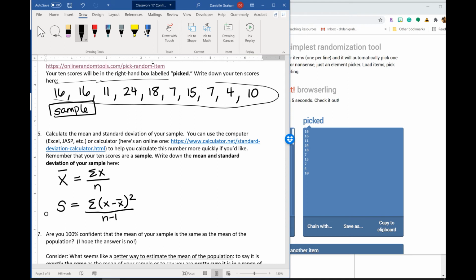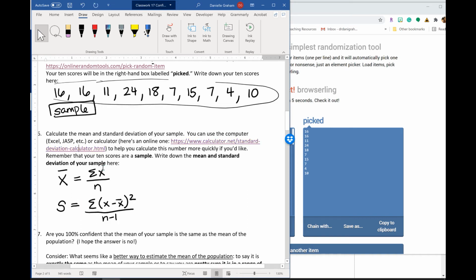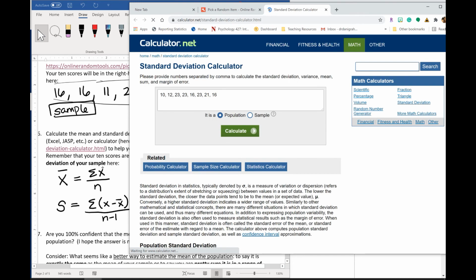So again, we could do this by hand, but that would be messy and take a long time, and I would probably make a mistake because I make a lot of mistakes. So instead, we're going to use this online calculator to do it for me. And then I can feel confident that I didn't screw it up.